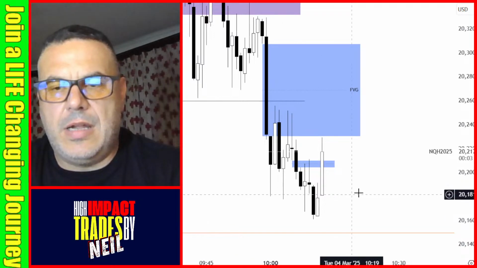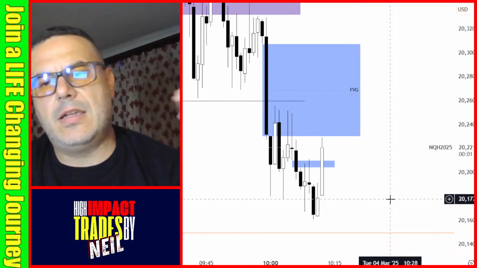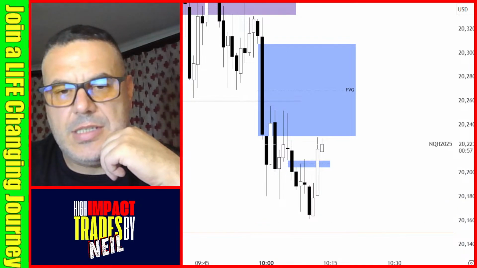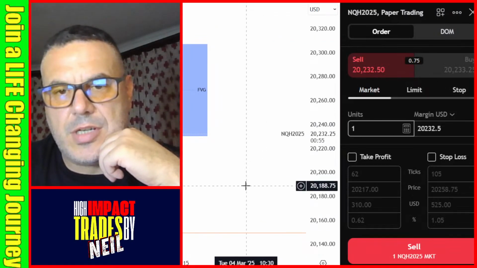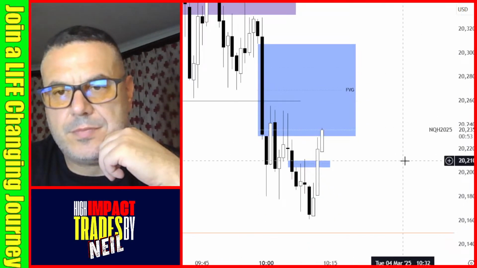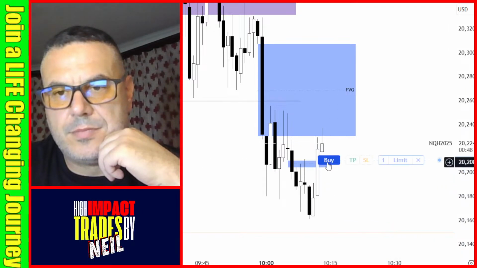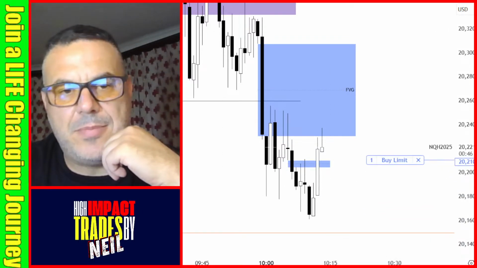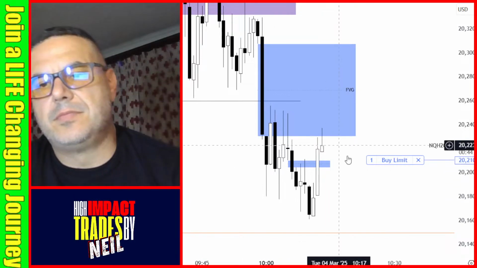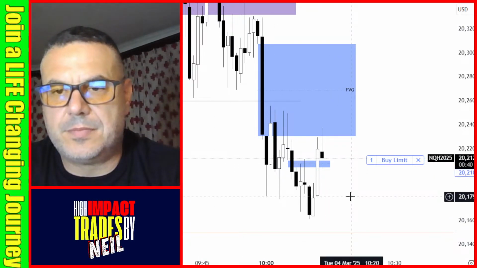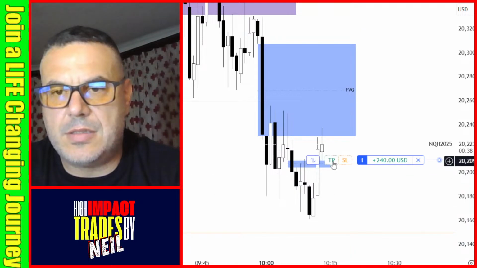I'm pretty square, $115 down for the day. Just pretty silly. If we test this, I'll probably try for a long. Gap here. Let's see if we can get it. Okay, so we're in it.